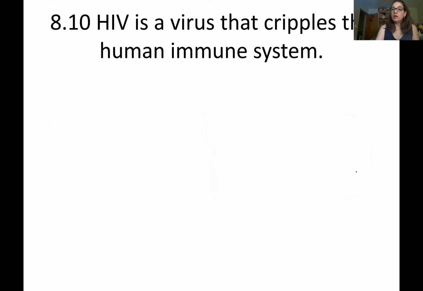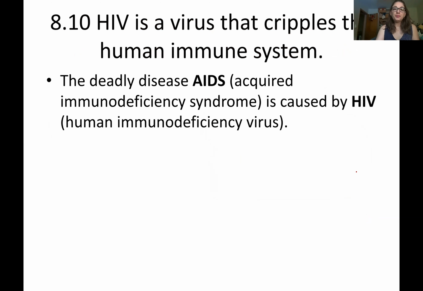Okay, another virus that is relevant to us humans is HIV, the human immunodeficiency virus, and it attacks the immune system. So the disease AIDS, the acquired immunodeficiency syndrome, is caused by HIV.